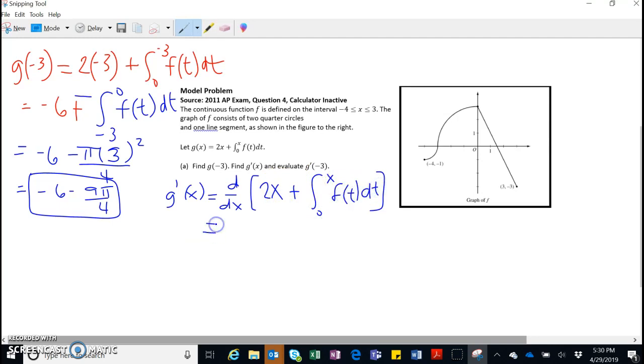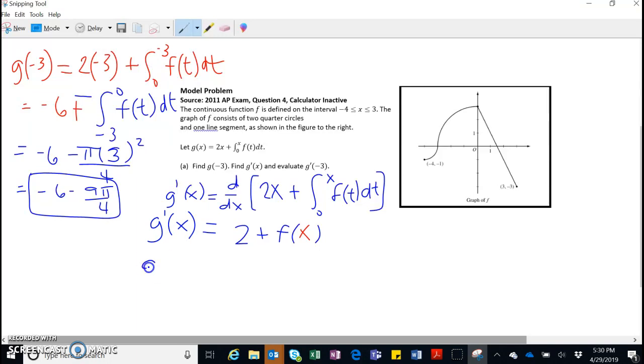The derivative of 2x is just 2, and then the derivative of the integral from 0 to x of f of t is f of, big reveal here, x, because we drop that upper bound in and then we multiply out by a 1, which doesn't really impact our equation. So g prime of x is equal to 2 plus the function f of x.